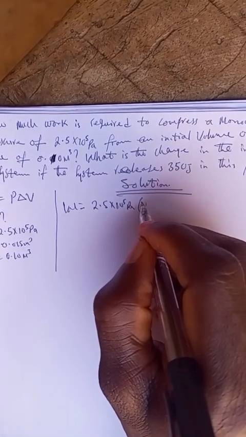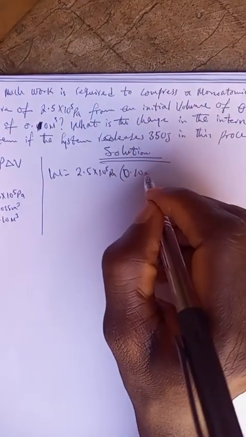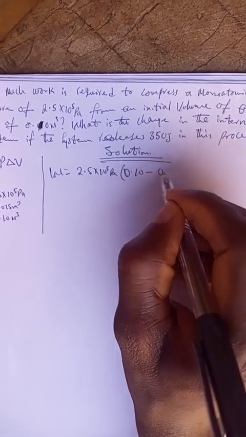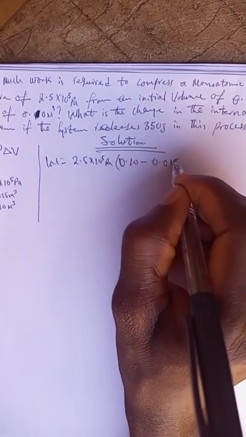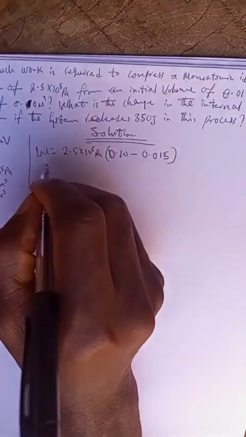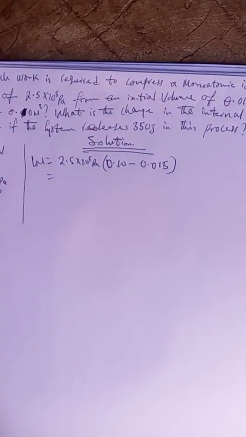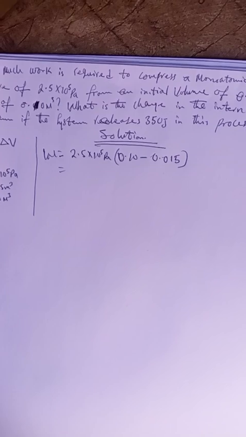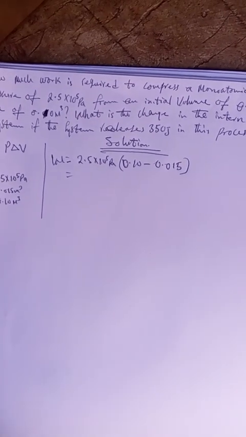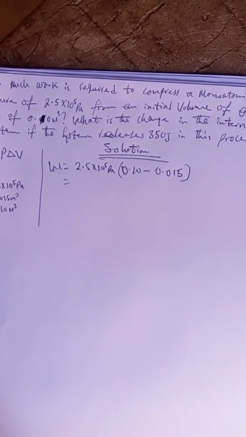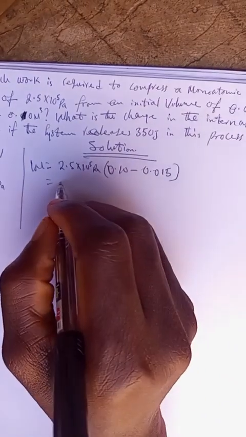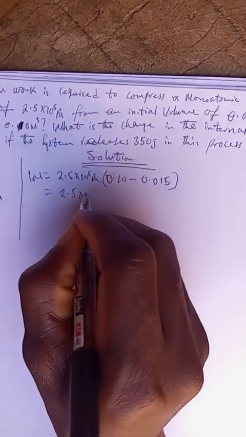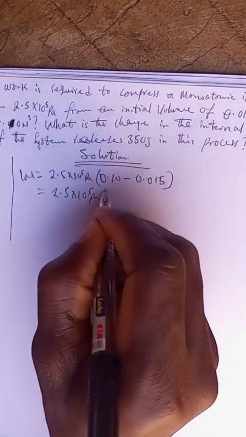Then that will be 0.10 minus 0.015. By using your calculator, 0.10 minus 0.015 will give you 0.85, so 2.5 × 10^5 Pascal into bracket.